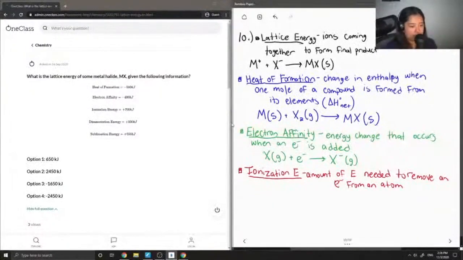So in our example, that's when you have our metal as a gas already. An electron is removed, and that's how our metal becomes positively charged.